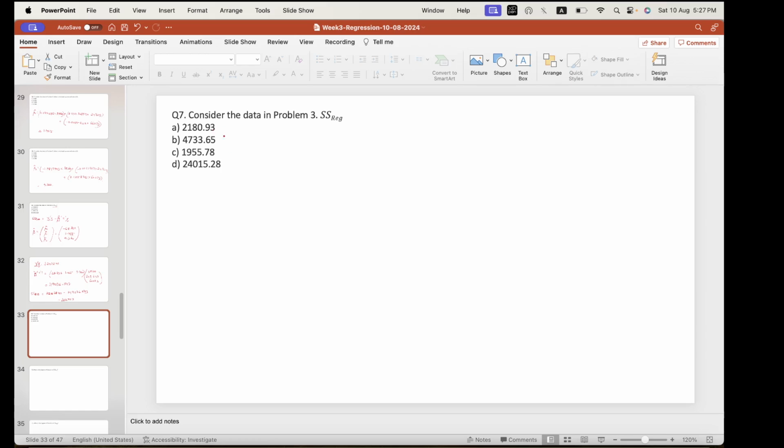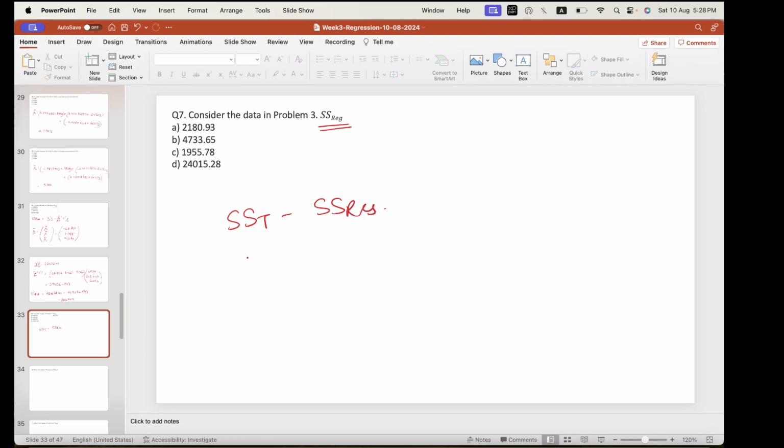Now the next thing is consider the problem how to find out sum of squares due to regression. Okay. So for that we have to find out SST minus SS residual.